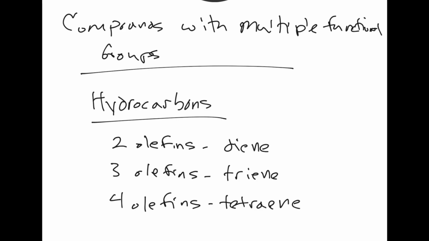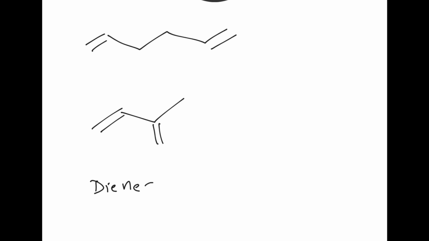It doesn't matter how they're arranged. You could have this, right? These are both, they both go in the big bucket that is diene, because they have 2 double bonds.